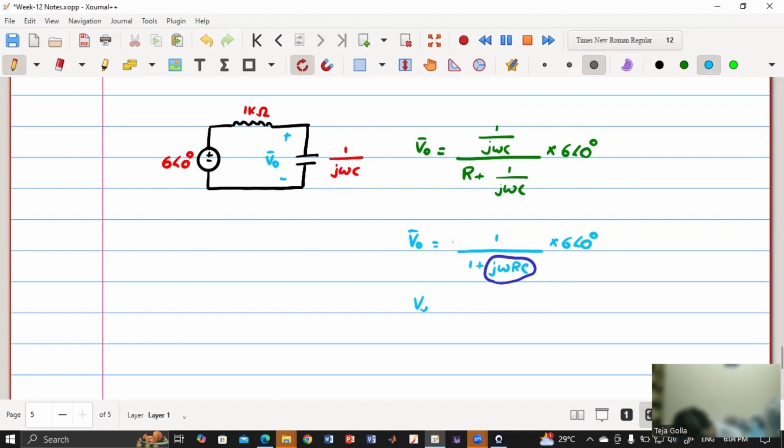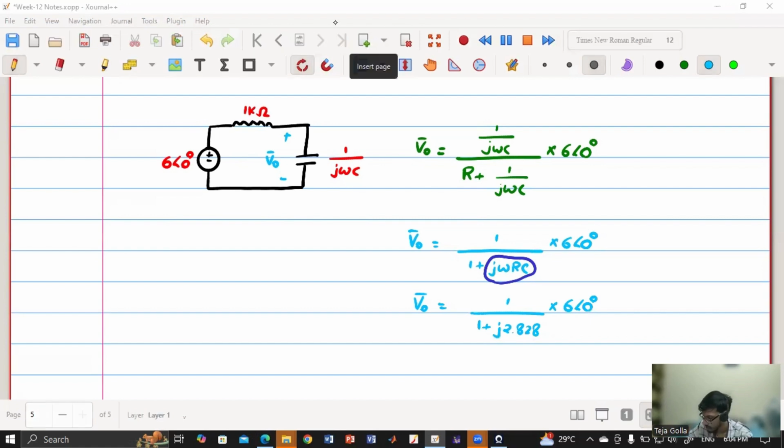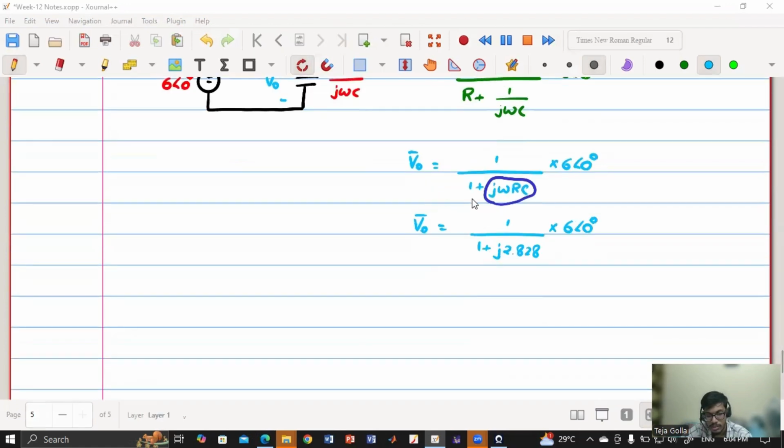So V0 phasor is 1 by 1 plus j 2.828 into 6 angle 0 degrees. Now can you calculate the magnitude of V0 and the phase of V0? The magnitude of V0 is 6 by square root of 1 square plus 2.828 square, and the phase is 0 minus tan inverse 2.828.